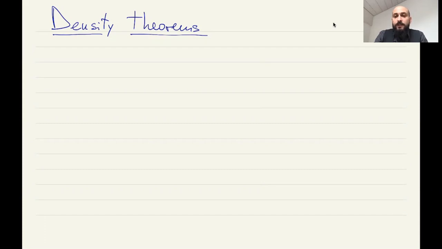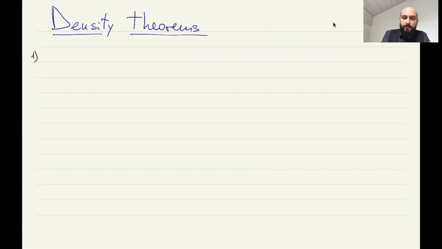These theorems are useful because maybe instead of proving something for every element in L^p, it's easier to prove it for this subclass and then show that the property passes to limits. So there are several density theorems. I will present two theorems and I will explain the proof, but without too many details.